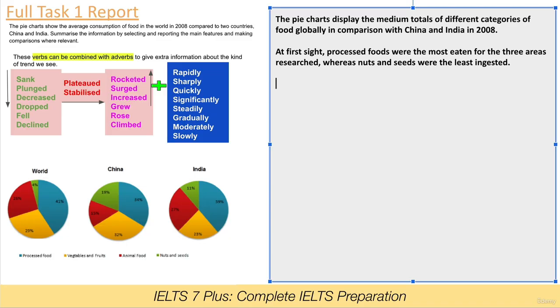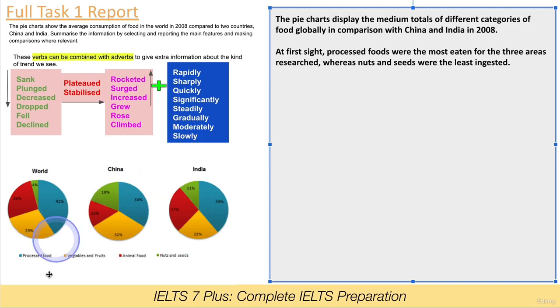I'm thinking of another word for eaten then. At first sight, processed foods were the most eaten for the three areas researched, whereas nuts and seeds were the least ingested. I think that's okay. Okay, so that is our sweeping statement, our broad observation here.